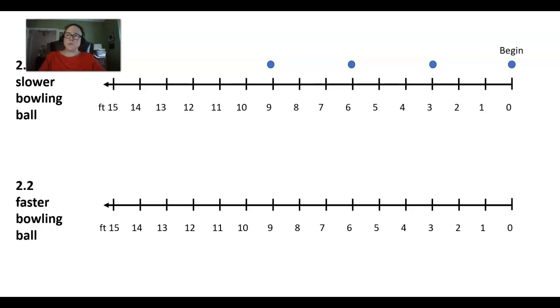Okay, so the bowling ball is moving about the same distance every second, and the little packets that the lady was putting on the floor are similar to these position dots that I'm putting on my motion map. After I've put the position dots, then I want to go back and draw velocity vectors.